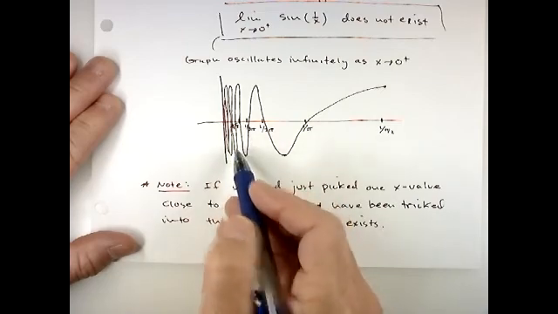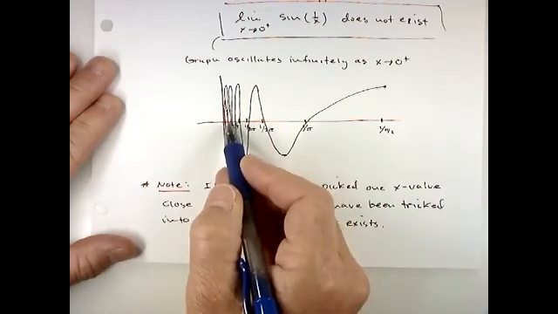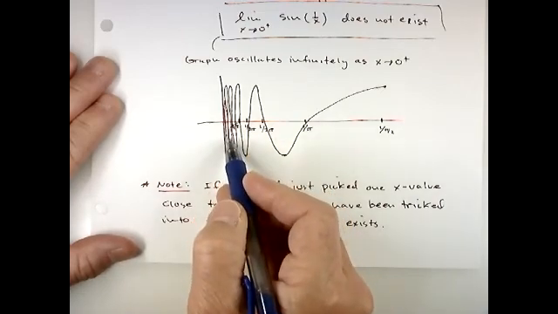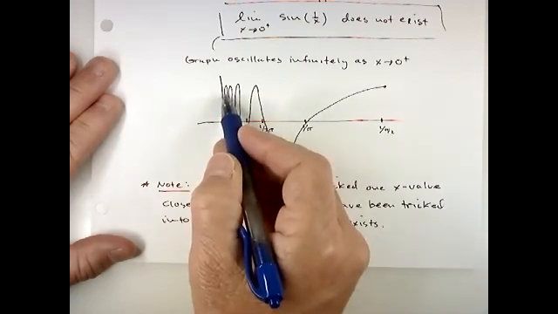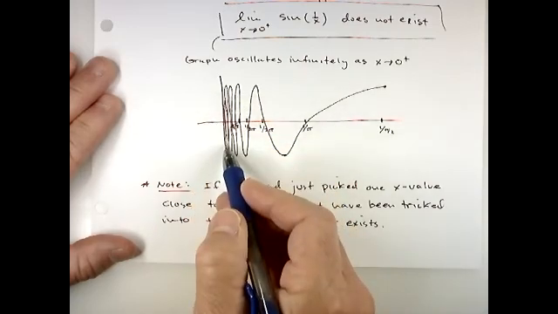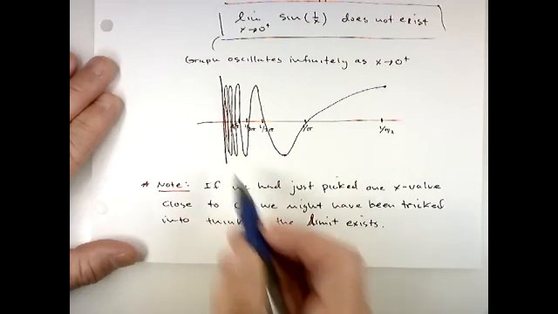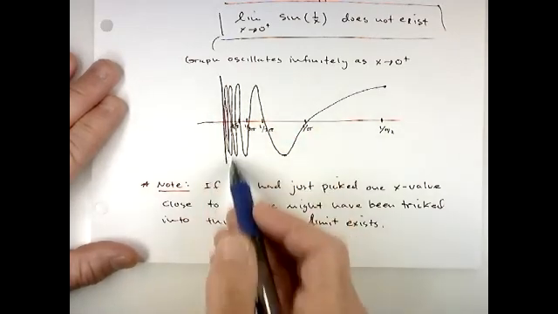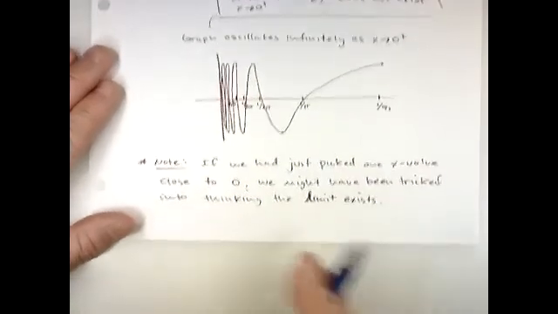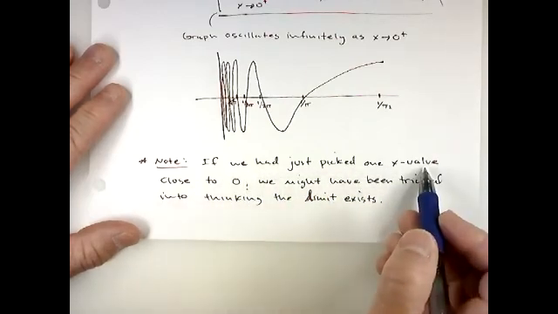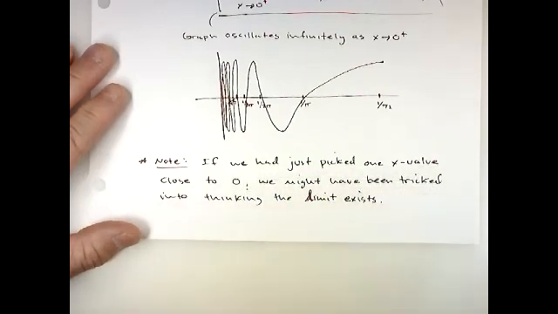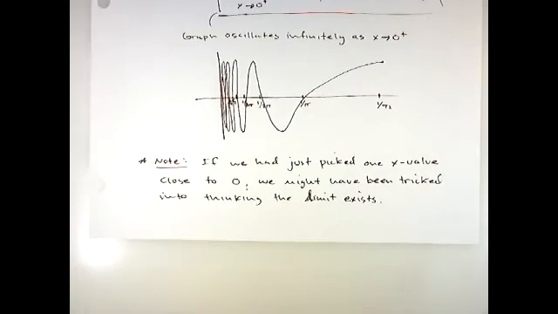So we were picking values close to 0, and we got a negative value, and then occasionally we got a positive value because we were up on one of these curves and then back down to negative. So the limit doesn't exist. It oscillates infinitely. And again, a word of caution: if we had just picked one x value close to 0, we might have been tricked into thinking that the limit existed, and it really doesn't.